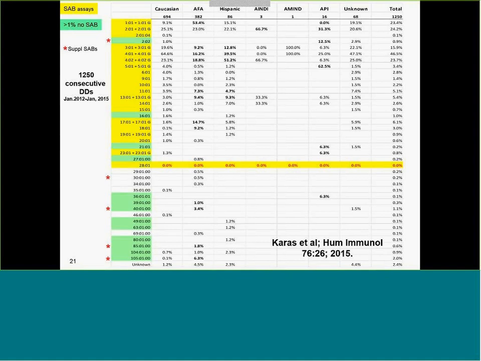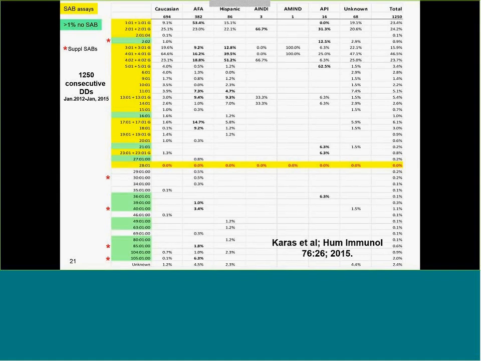On the left-hand side of the slide, you see some boxes highlighted in yellow. Those highlighted boxes represent the alleles that are also present on the One Lambda single antigen bead assay kit today. We also highlighted in green alleles that occurred in some of the major populations at a frequency of at least 1%. And as you can see, there's not a lot of coincidence between the yellow and the green boxes per se.